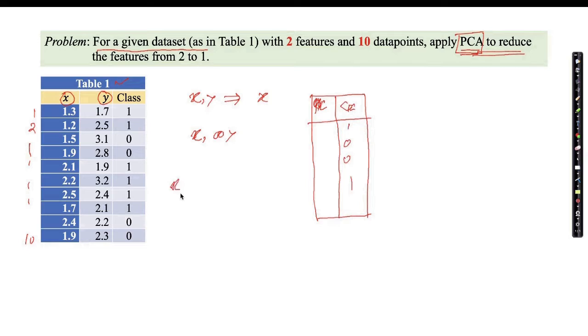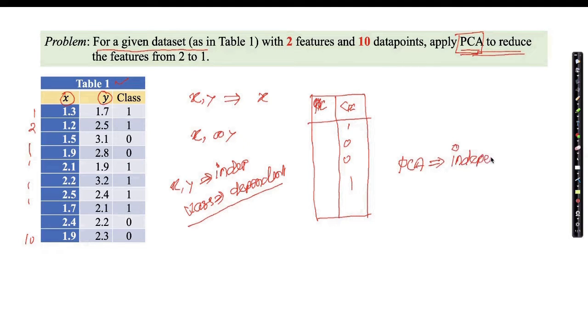Here x and y are two independent variables and class is a dependent variable. Please note, PCA is applied on the dataset to reduce the number of independent features or variables.